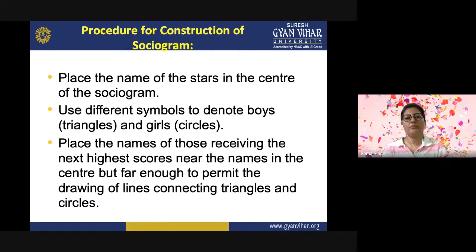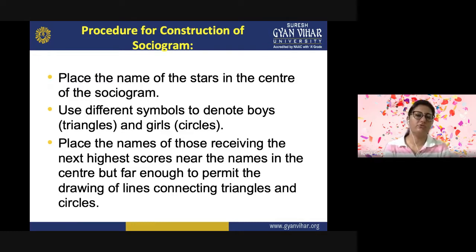Place the names of the stars in the center of the sociogram. This depends on you after interpreting the forms which you have asked your students to fill. You can place the names of the stars who have been selected by most of the group in the center. Always use different symbols to denote boys and girls so that there is no confusion while preparing the sociogram.